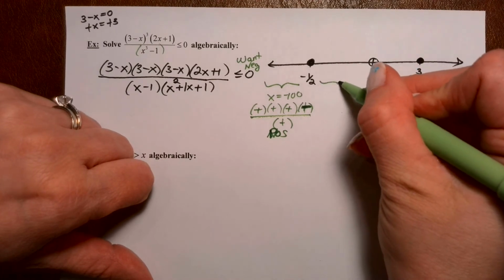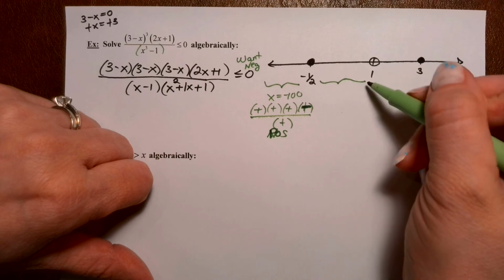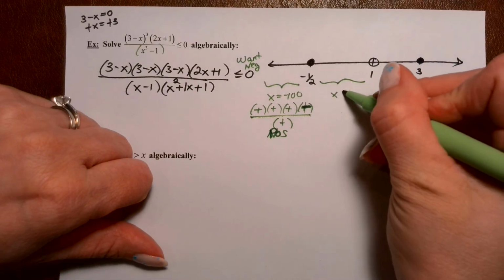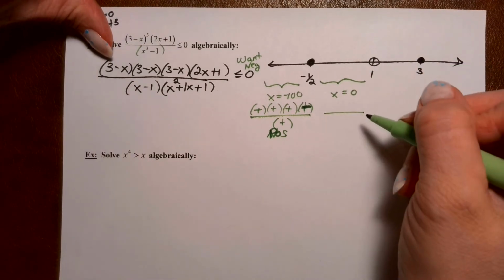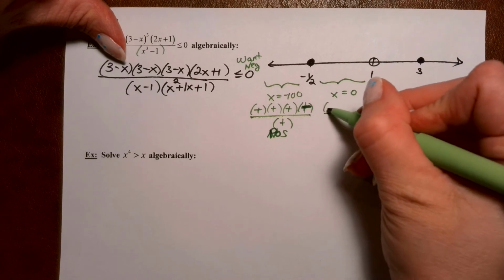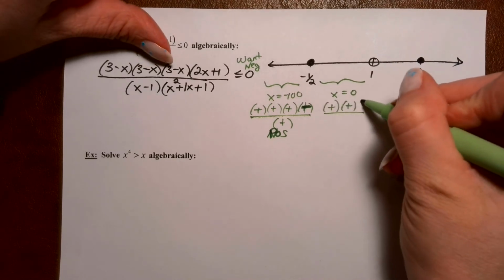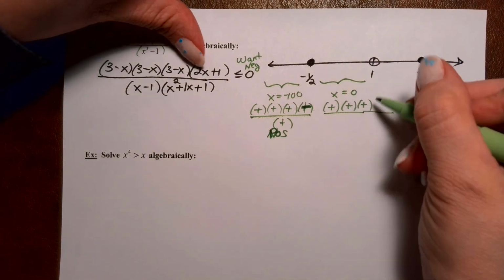Okay. Can you tell me what the easiest number would be right here to test? Let's test 0. Easiest number in the world. 3 minus 0 would be positive. 3 minus 0 would be positive. 2 times 0 is 0 plus 1.